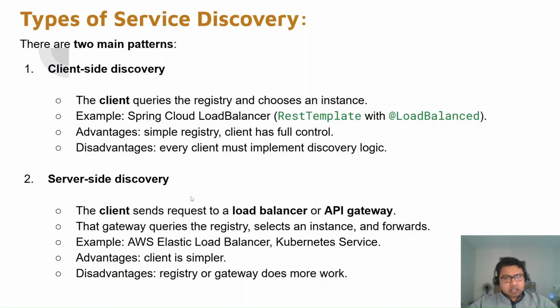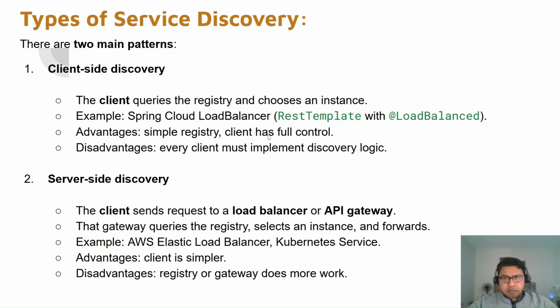So what is server side discovery? In server side discovery, the client sends a request to a load balancer. So instead of having all the logic in each client, here we put all the logic in a load balancer or API gateway in a single place. So this gateway queries the registry.